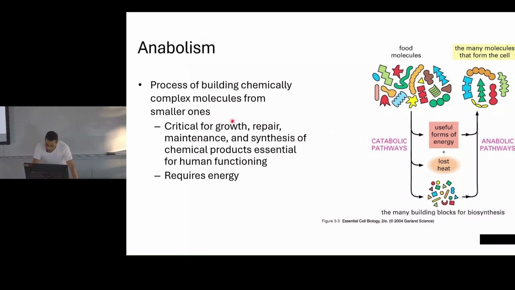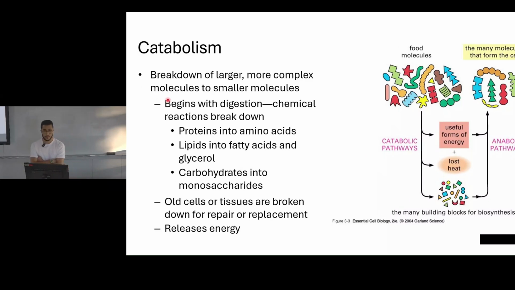So in anabolism, you're trying to grow, repair your body, and this requires energy. Anything that you're trying to build requires energy, okay? Some of the energy is lost as heat, okay? This is important here. Catabolism is the opposite.